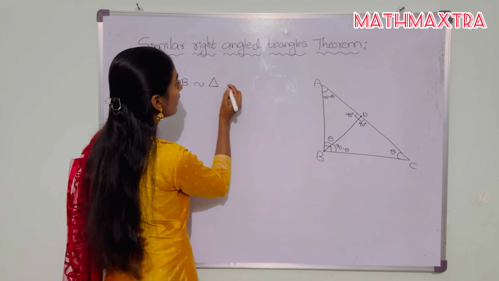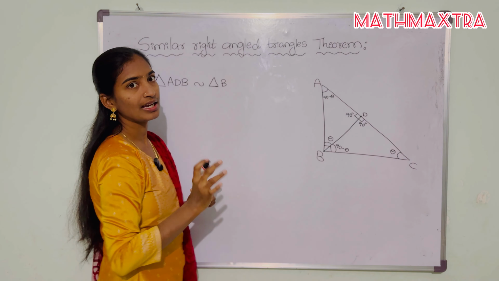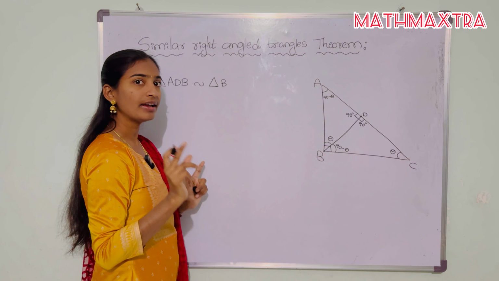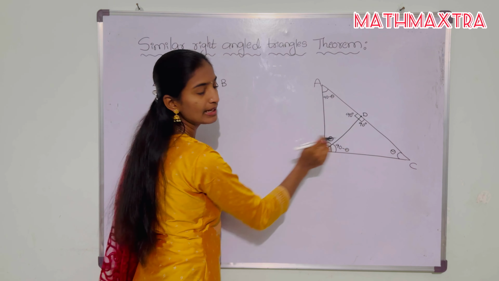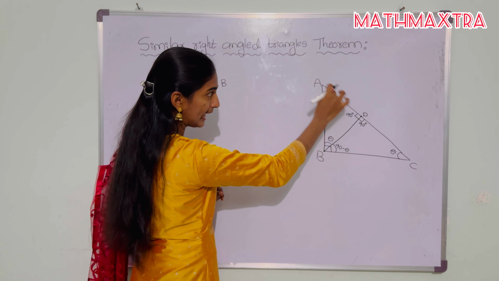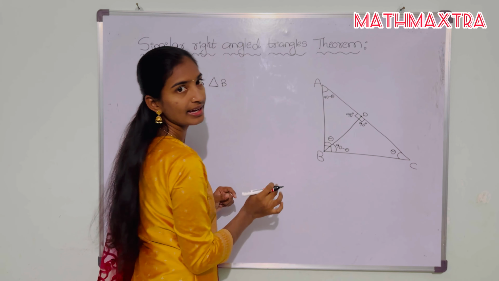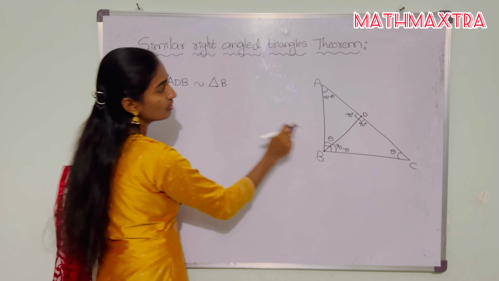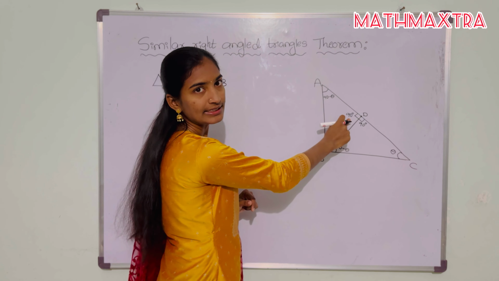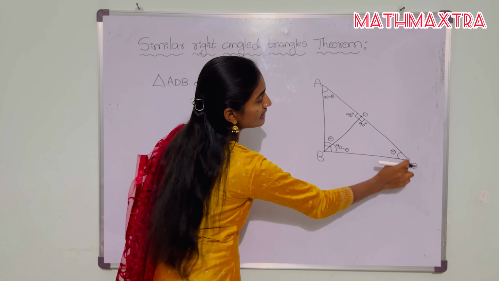That is why you have to write B, because in similar triangles corresponding angles are equal. Angle A in this triangle is equal to angle B in this triangle, isn't it? Next, check angle D. What is the measurement of angle D? 90 degrees. You check which angle measures 90 degrees in this triangle.